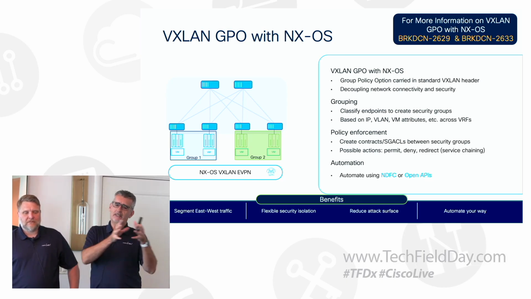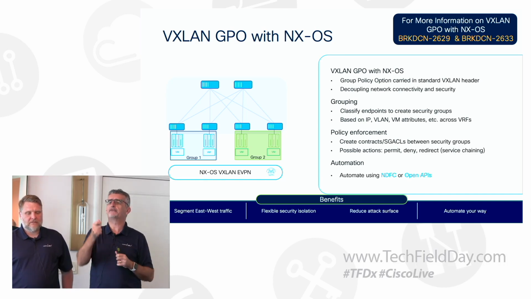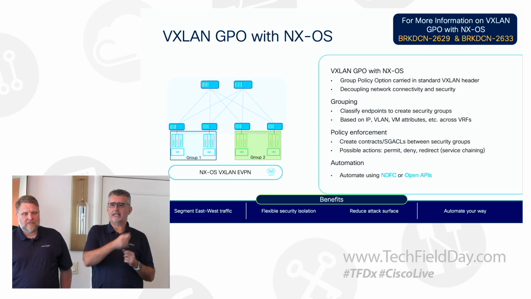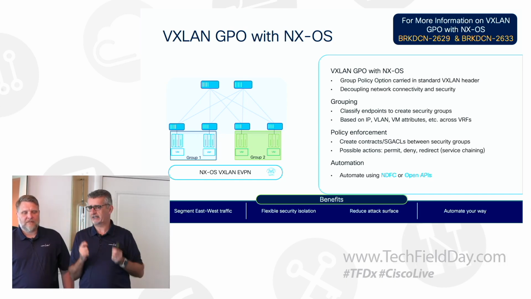So the VRF in VXLAN EVPN can be configured in these two modes. Once I enforce, which means I enable the GPO feature, I can choose a deny all default model, which means two groups need a specific contract to communicate, or a permit all default mode, which means everybody talks to everybody else unless I create a contract that says deny SSH or something like that.